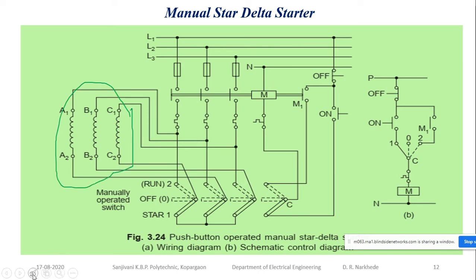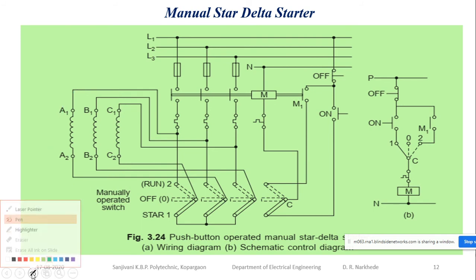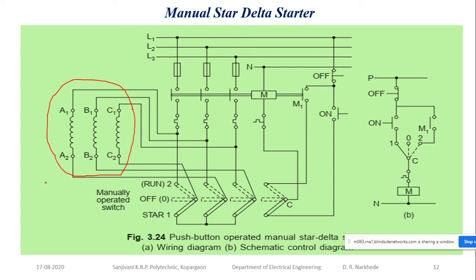In the stator winding, what is going to happen over here? If you look at the connection of the stator winding, this is R phase, this is Y phase, and this is your B phase.